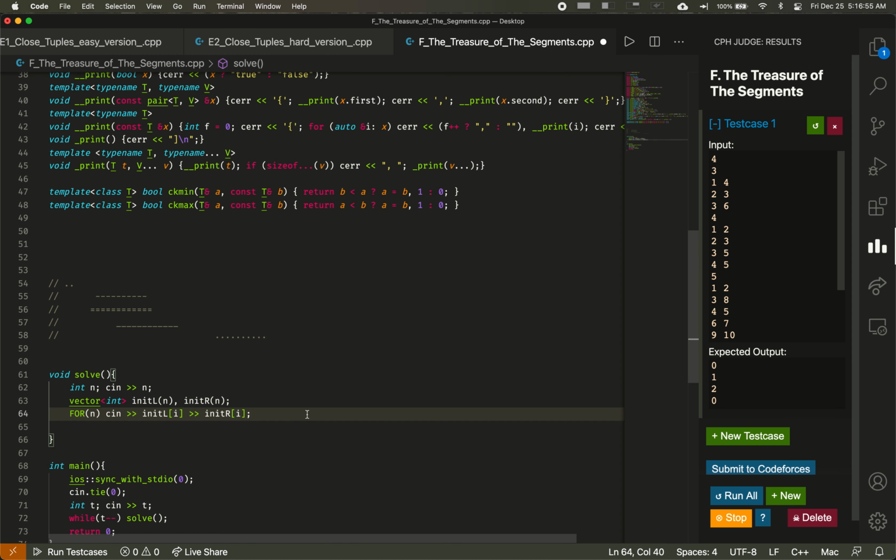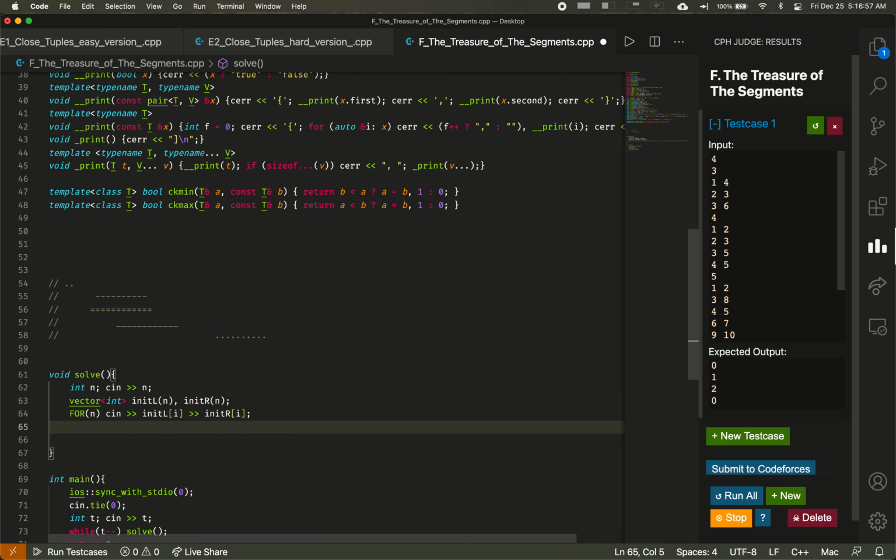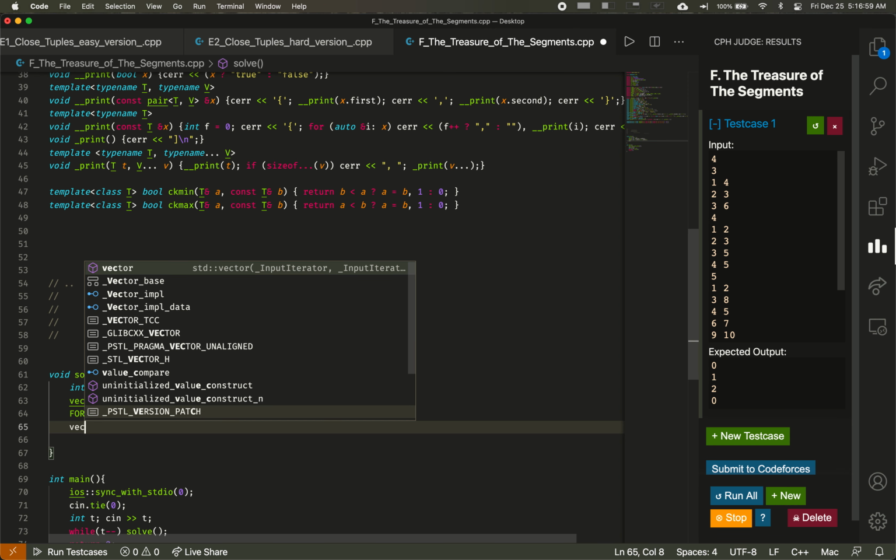Now we have to use upper bound and lower bound to do this in log time, so we have to sort L and R, but we also want to know the order.